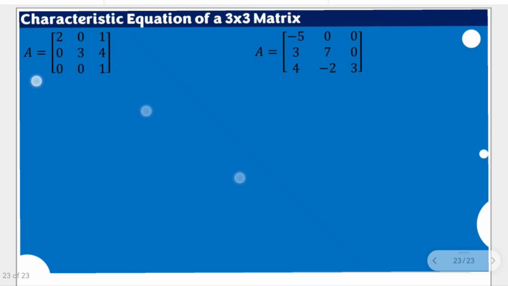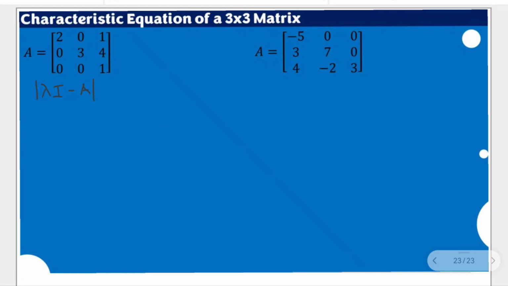It will have a certain lambda. In this case, it is a variable because the lambda that we're going to solve for after we're done with the characteristic equation is the eigenvalue. So first, it's lambda, a variable, times I, the identity matrix, minus A, which is your specific matrix A here.